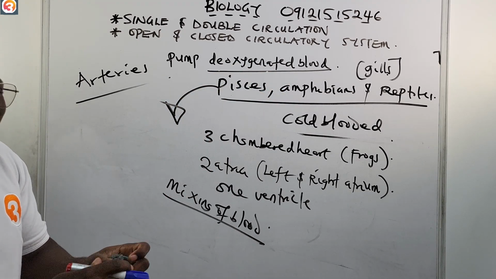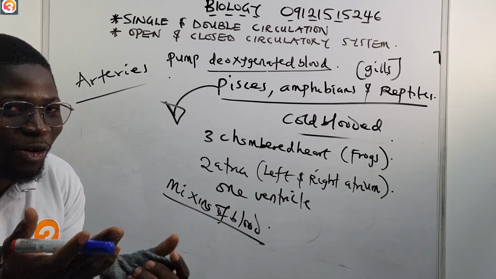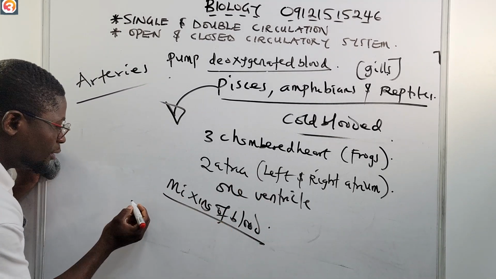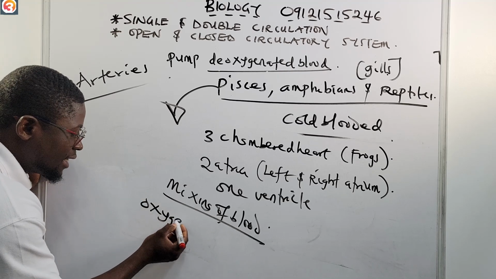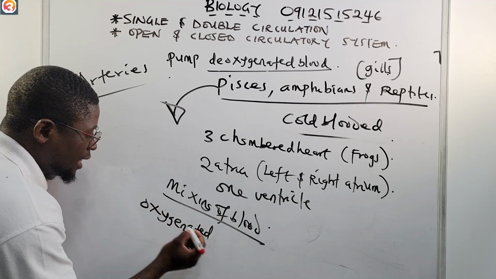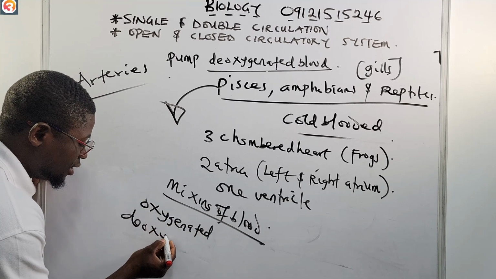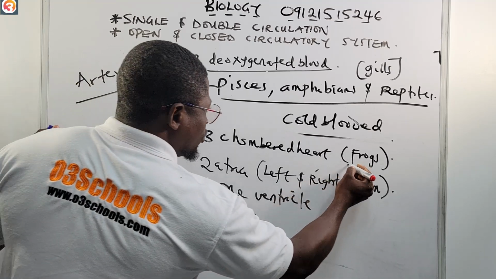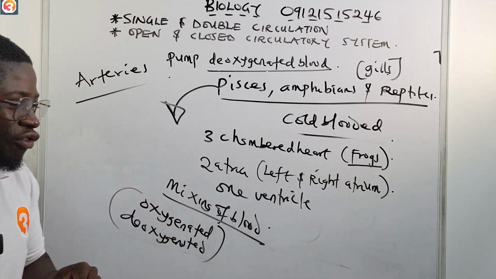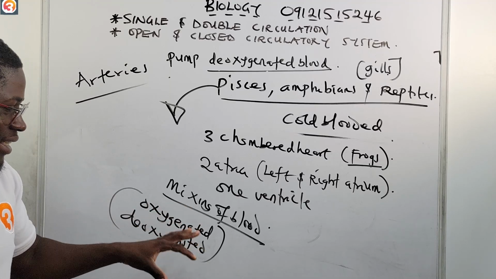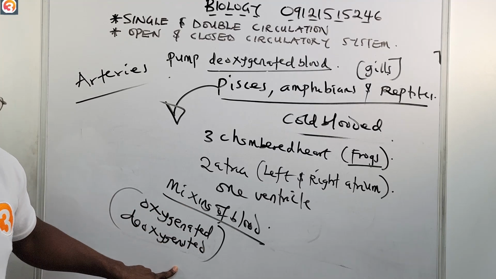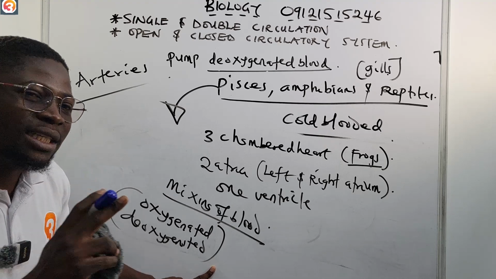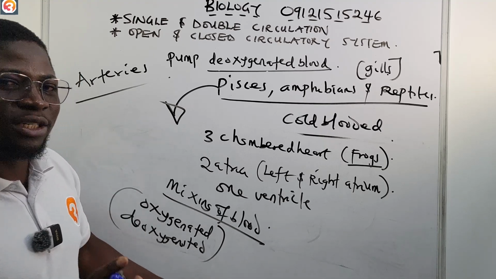So there is no efficient supply of oxygen to different parts of the body. When it comes to frogs, there's a mixing between oxygenated blood and deoxygenated blood, thereby not allowing for efficient supply of oxygen to different parts of the body.